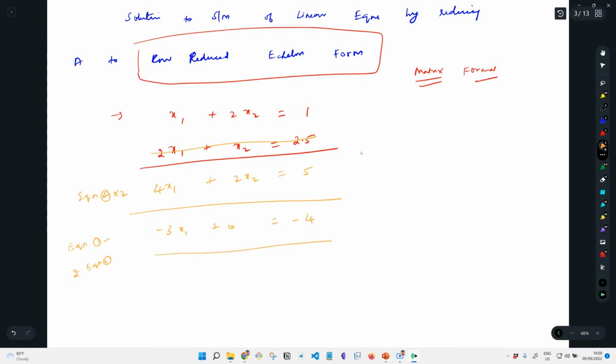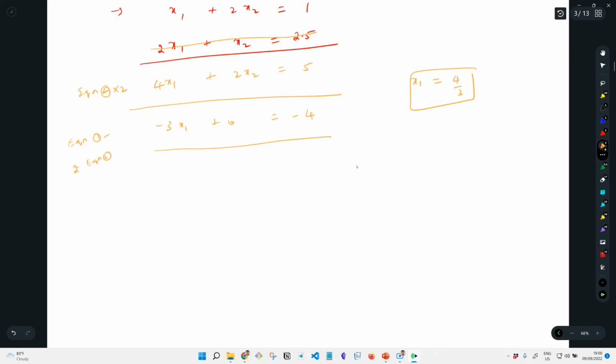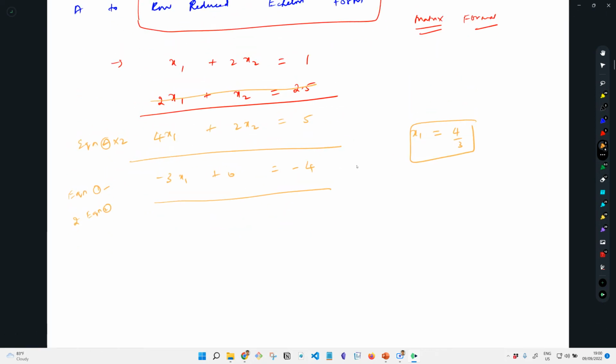Now from this what you will get? You will get the value of x1. What is x1? 4 by 3. Now how will you find out x2? By substituting in any of the equations. Let's say I substitute into the first equation.